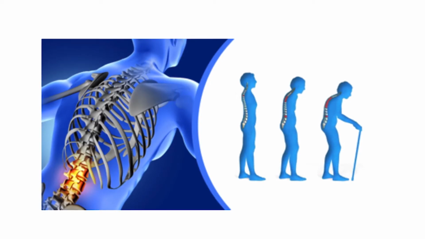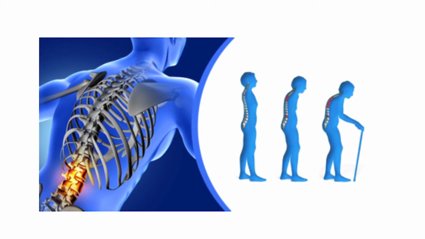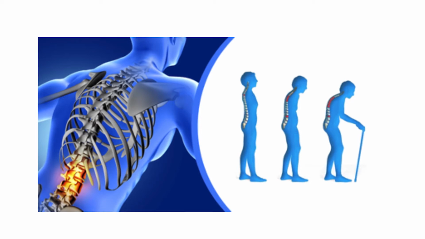Key risks for osteoporosis include genetics, lack of exercise, lack of calcium and vitamin D, personal history of fractures as an adult, cigarette smoking, excessive alcohol consumption, history of rheumatoid arthritis, low body weight and family history of osteoporosis.